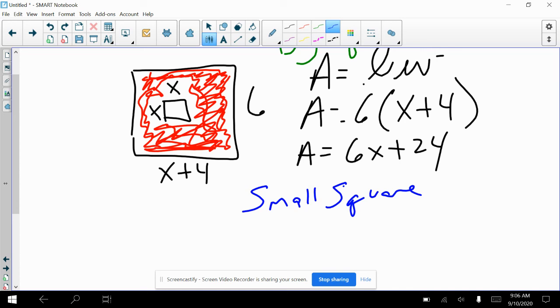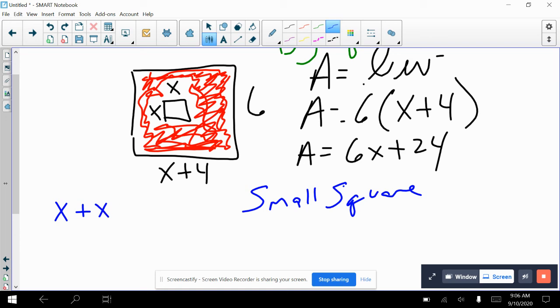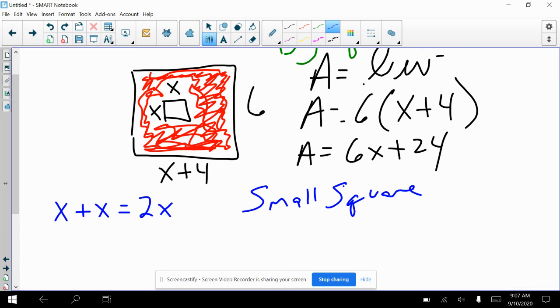Okay, lesson in variables. When you add two variables, what do you get? How do you simplify x plus x? Yes, you get 2x. When you add them, you get 2x.